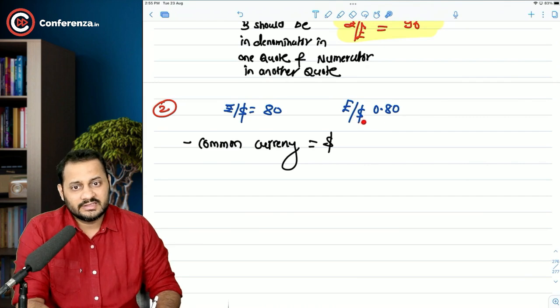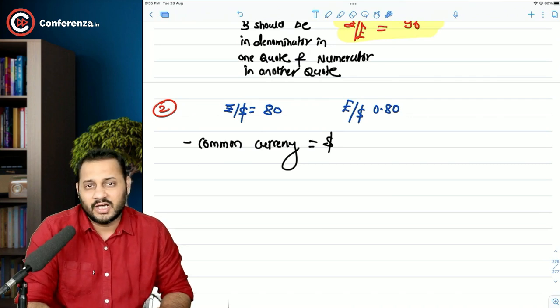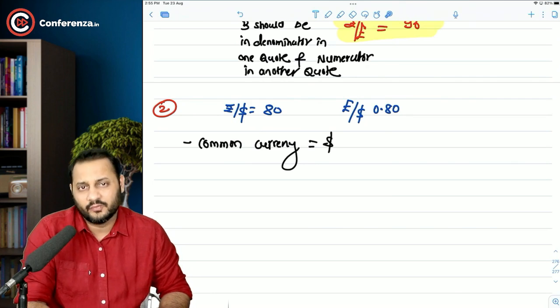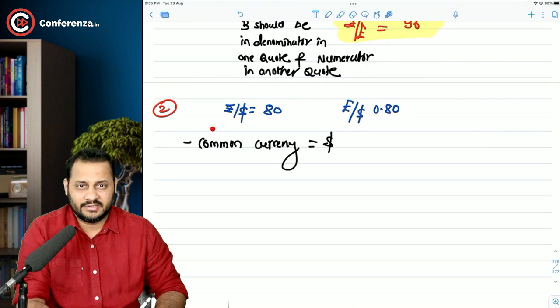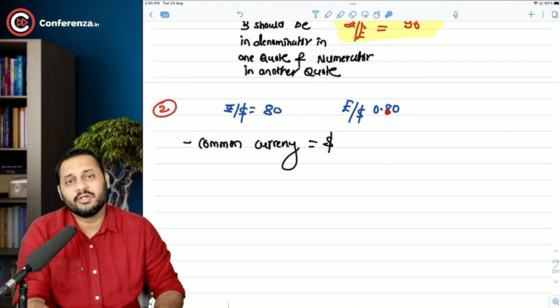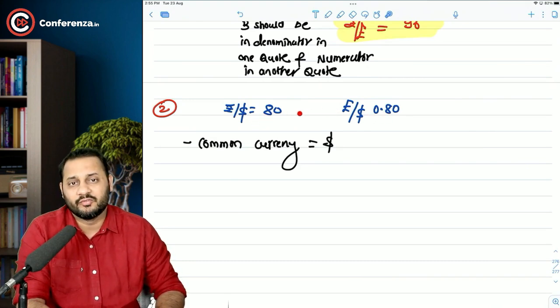So this is the base currency we can clearly see in both the quotes. Now, without satisfying that condition, we cannot move ahead. And that's why what we have to do is either of the rates has to be converted into indirect quote. Whatever the quote are, you have to reverse one of the quotes.